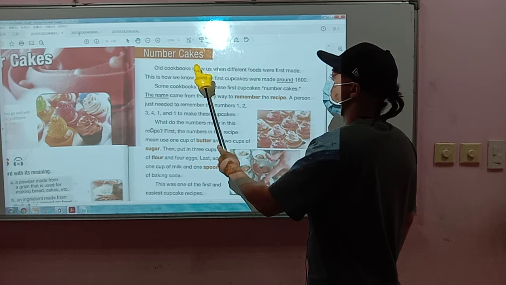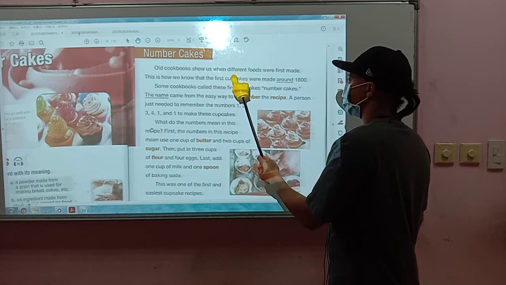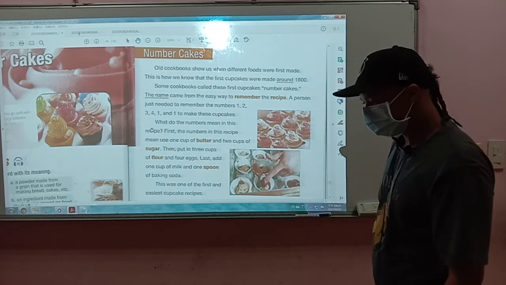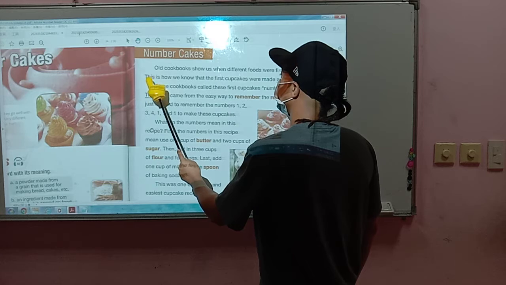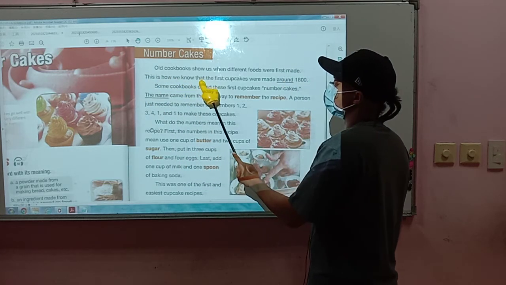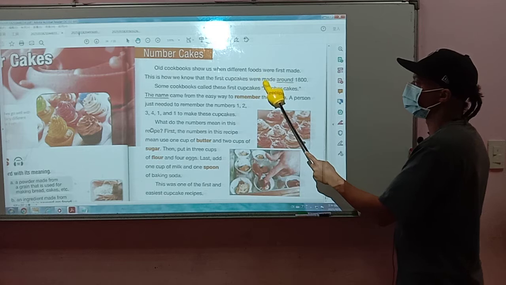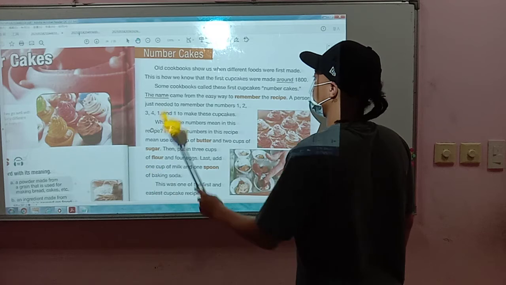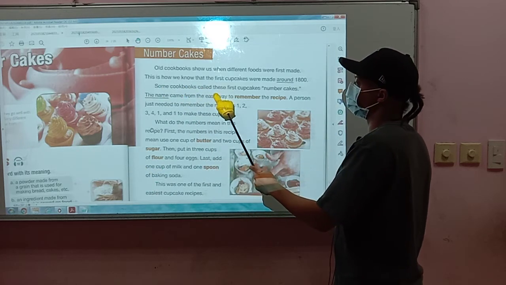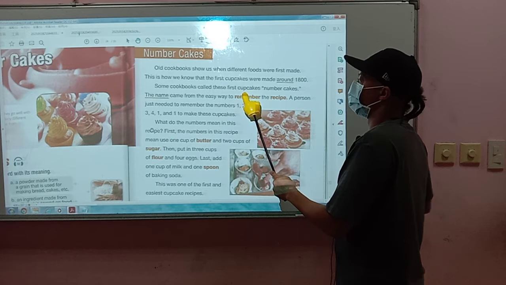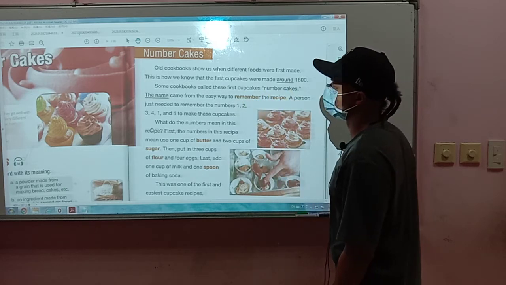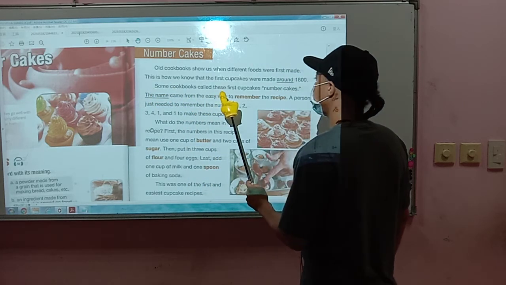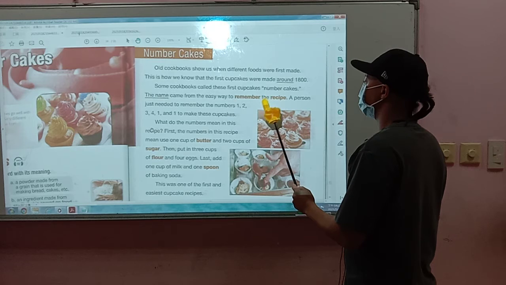Old cookbooks show us when different foods were first made. This is how we know that the first cupcakes were made around 1800. Some cookbooks called these first cupcakes number cakes. The name came from the easy way to remember the recipe.